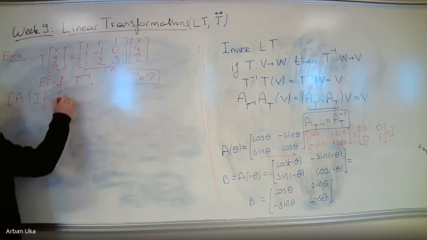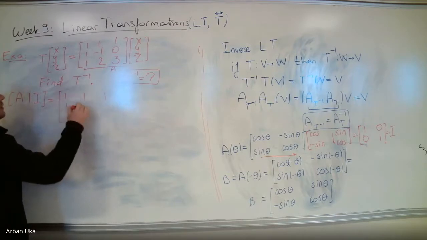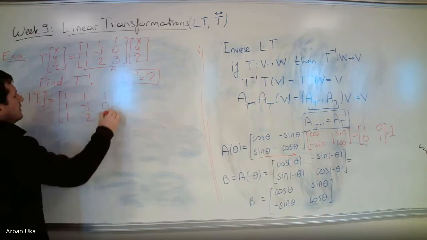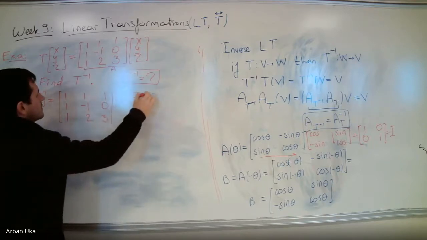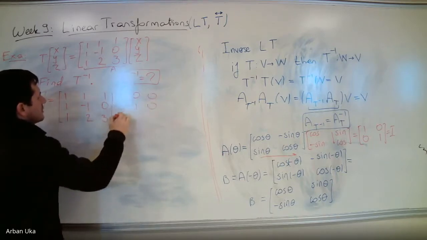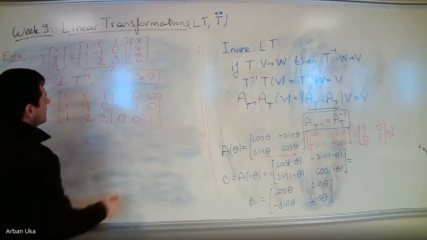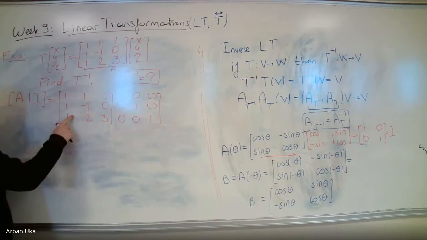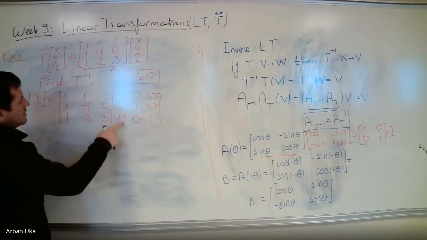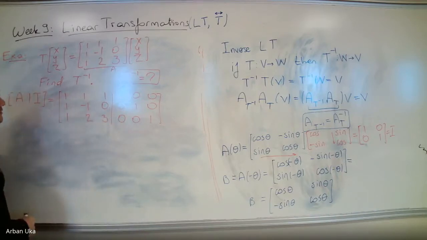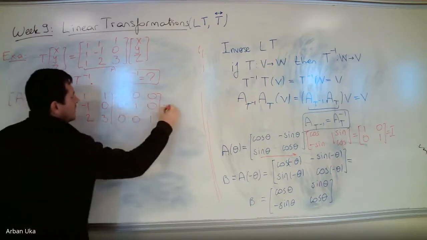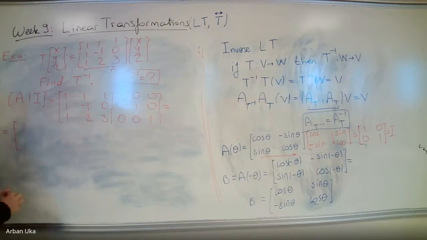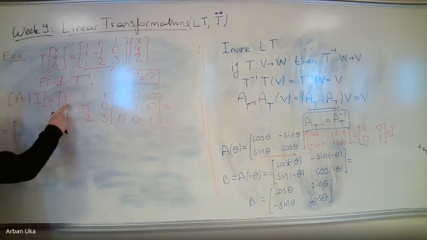We have here 1, 1, 1; 1, -1, 0; 1, 2, 3, and next to it the identity 1, 0, 0; 0, 1, 0; 0, 0, 1. We want to obtain the identity matrix on this side, and immediately on the other side we get the inverse of A. If we continue step by step, the first step could be subtracting the first row from the second row.